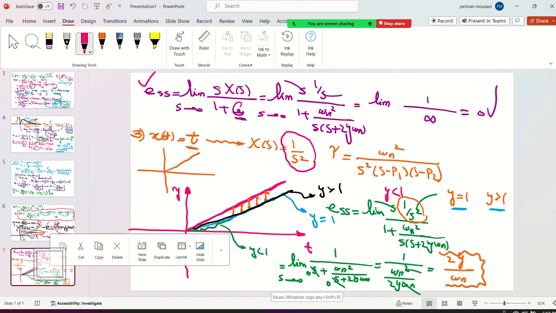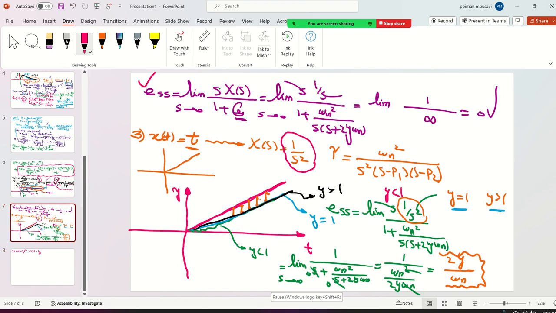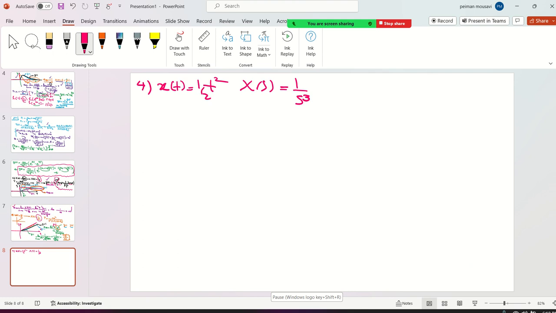Okay, and the final case is when x of t is parabolic, which means x of s is 1 over s cubed. Guys, for the ramp we had a steady state error signal. We are increasing the power of 1 over s, so you expect to see a huge error signal.